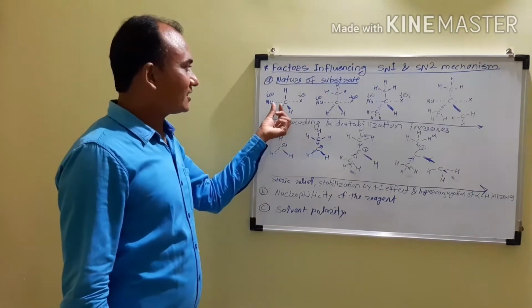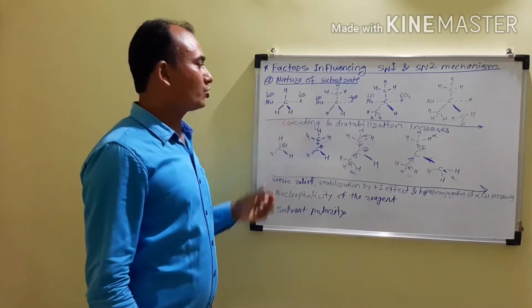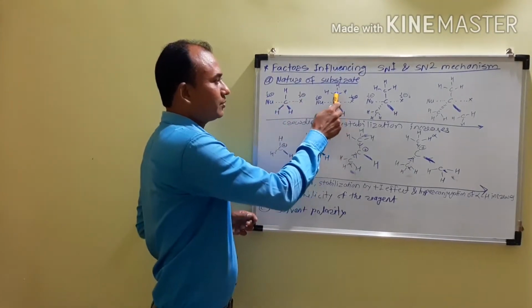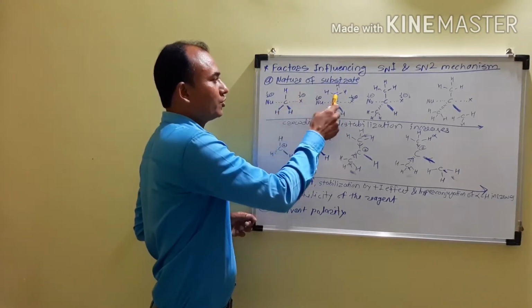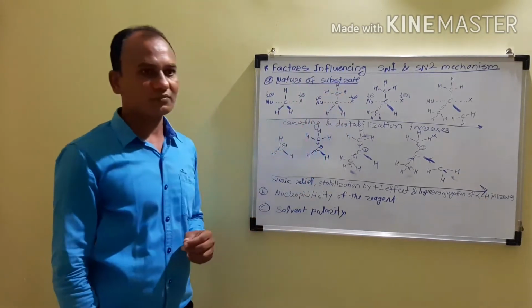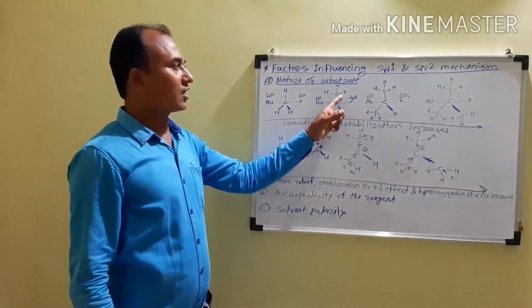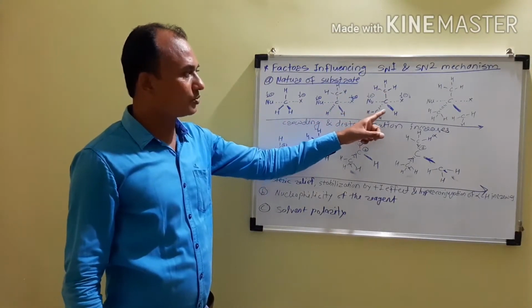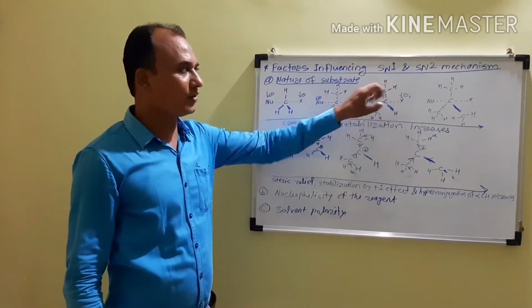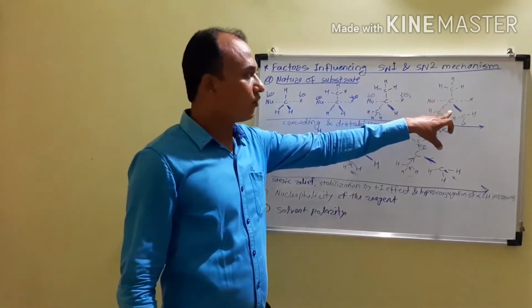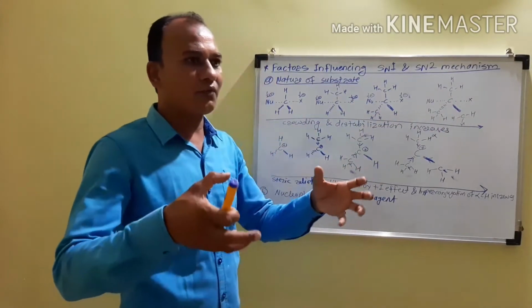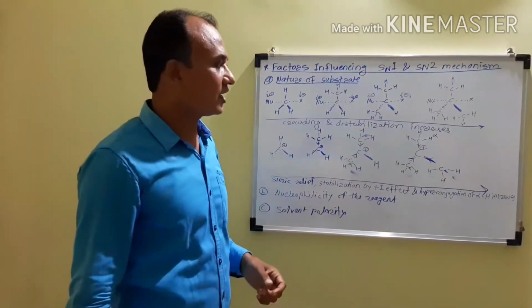But as the size of the substituent goes on increasing, in the next example these 2 hydrogens are as they are, but in place of this hydrogen there will be an alkyl group, and therefore the crowding increases. In the third example, there are 2 methyl groups and 1 hydrogen, so crowding further increases. In the fourth example, there are 3 methyl groups attached, and therefore the crowding further increases.